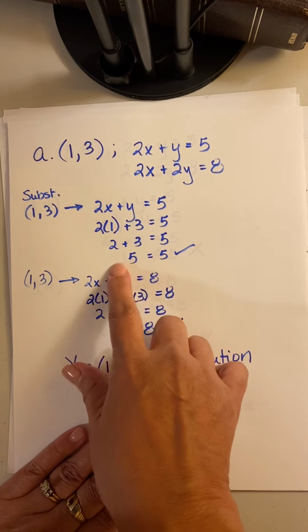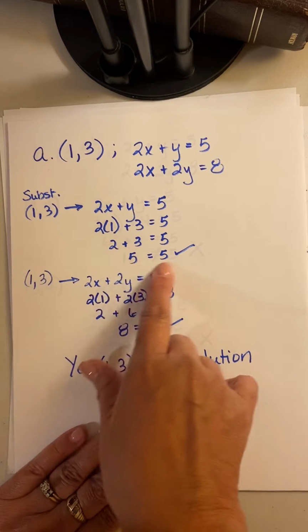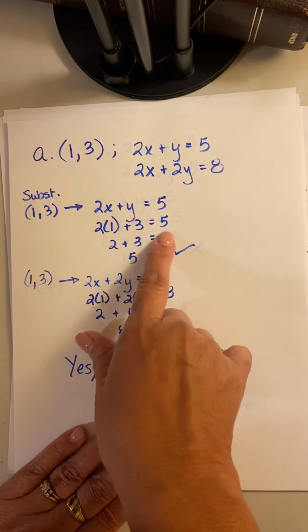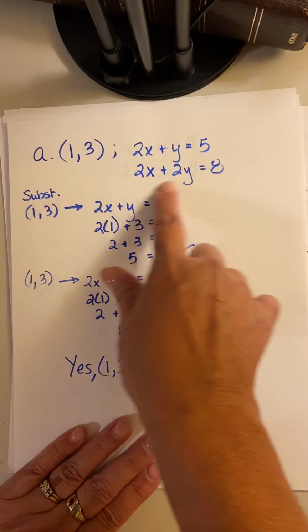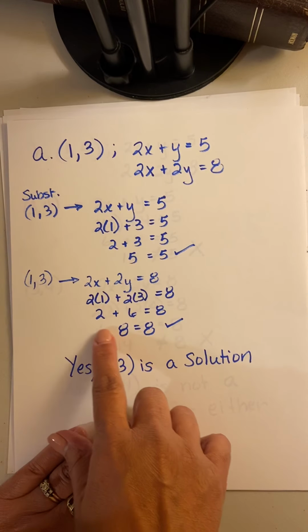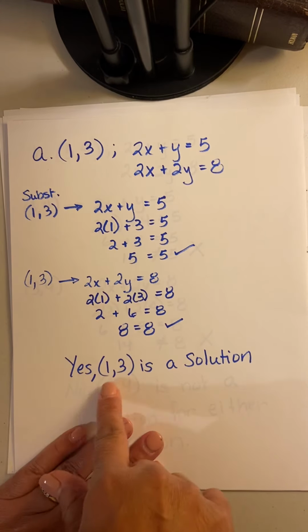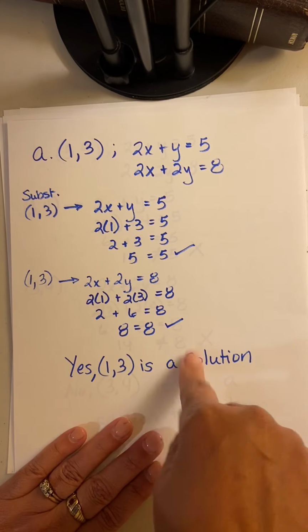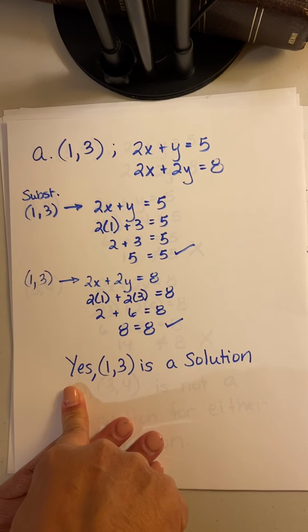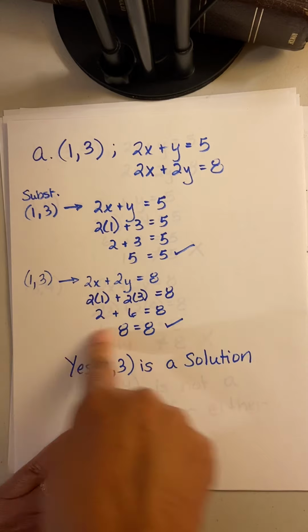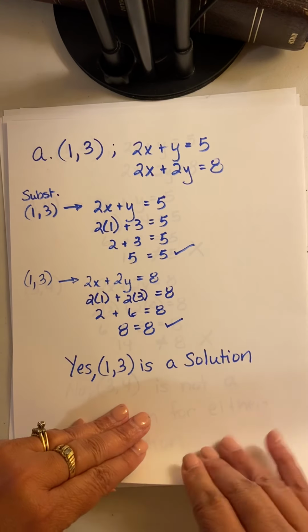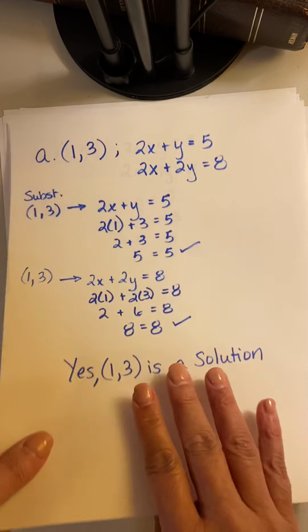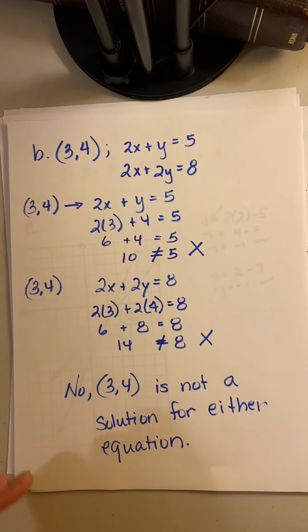It turns out that 1, 3 is a solution. Hopefully yours looks like mine. Do the same thing to the second equation, and it turns out again that it is. So yes, 1, 3 is a solution. Remember, you can say yes or no. The answer yes is correct, but you've got to show me why. I know that was quick. If you need to go through this again, pause the video, back it up a little bit, and go again.